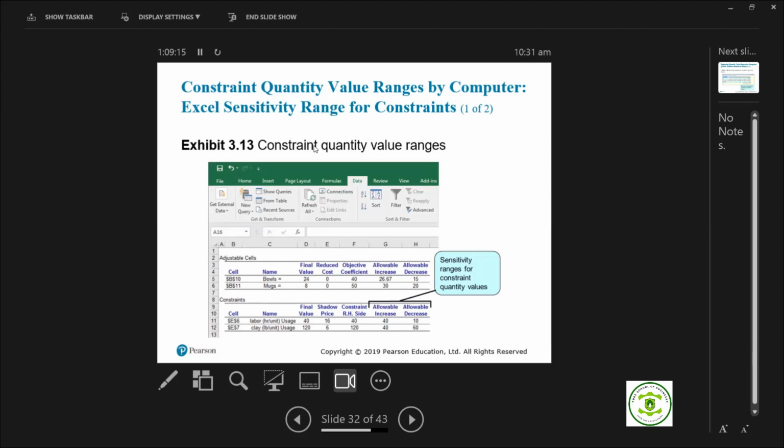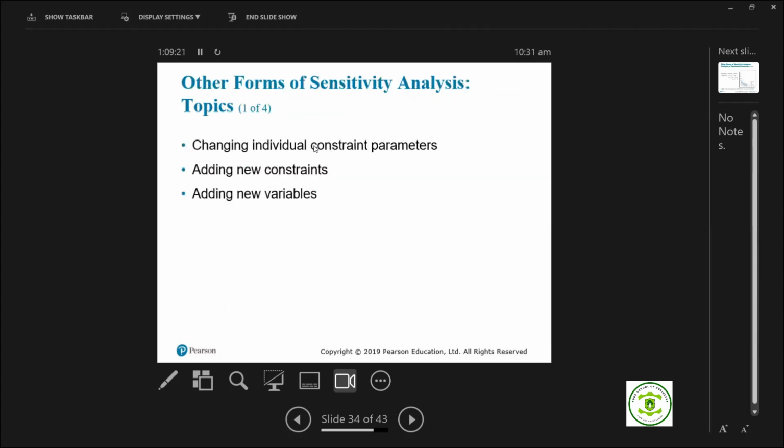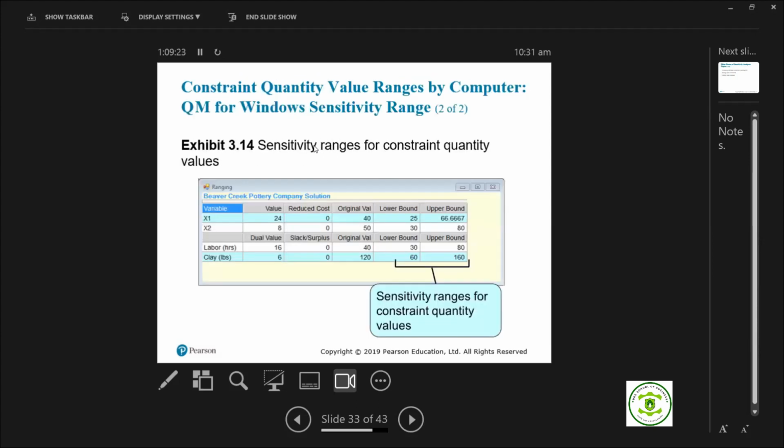It will not show you allowable increase or decrease, but it will show you the upper bound and the lower bound. Yes, it's here. So that one gives you the sensitivity limits straight away, so you don't need to add or subtract.